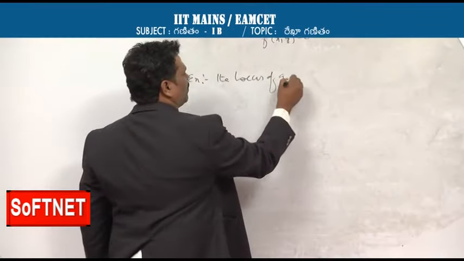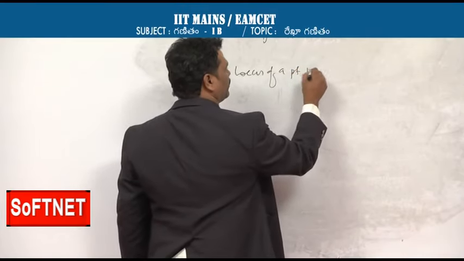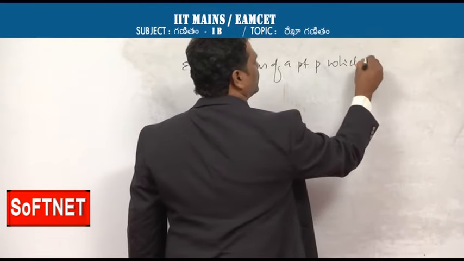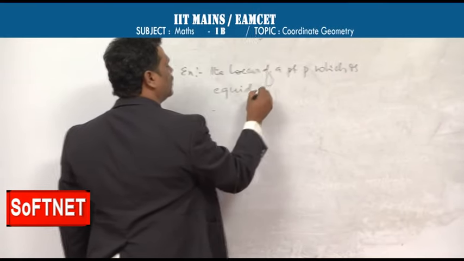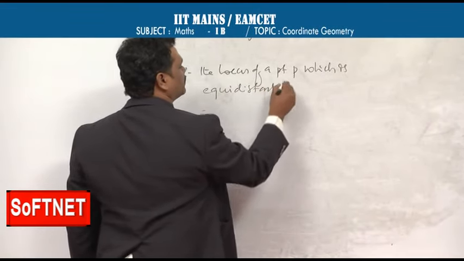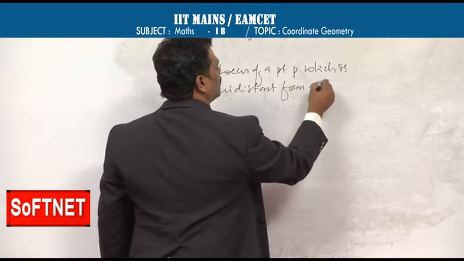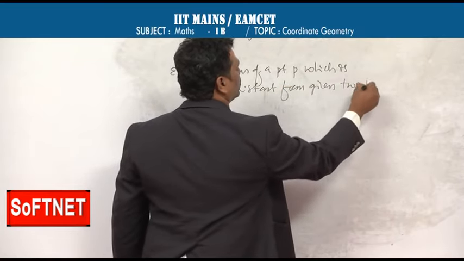The locus of a point P which is equidistant from given 2 points.